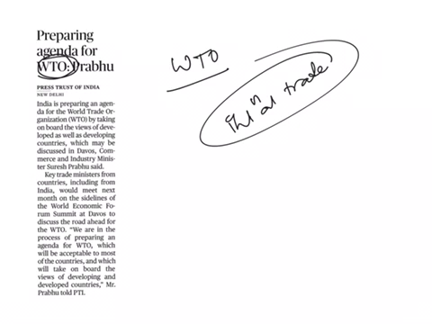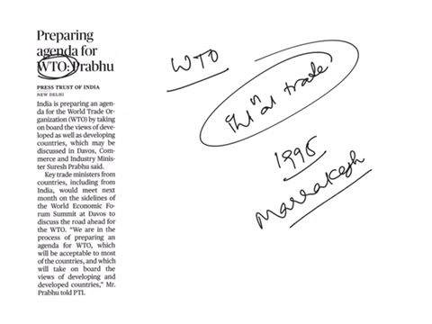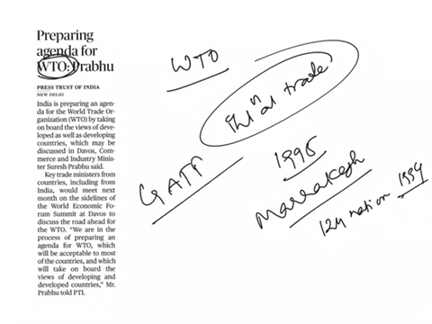It officially commenced in 1995 under the Marrakesh Agreement. The Marrakesh Agreement was signed by 124 nations in 1994. It replaced the GATT, the General Agreement on Tariffs and Trade, which commenced in 1948.